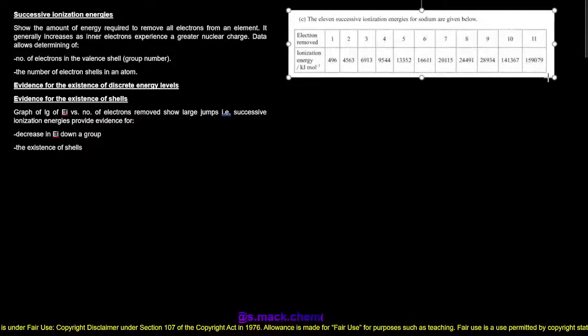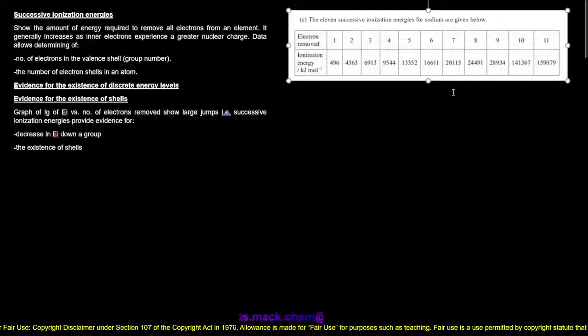Alright, so here we have a table which shows us the successive ionization energies for sodium. What we are going to do is look at the data given to us by looking at the jumps in the ionization energy.